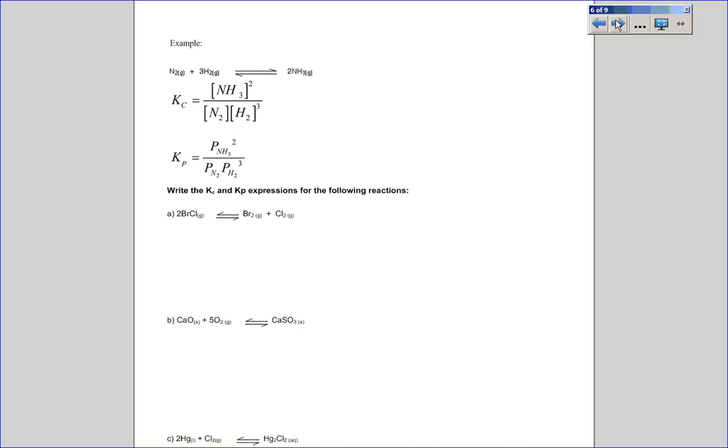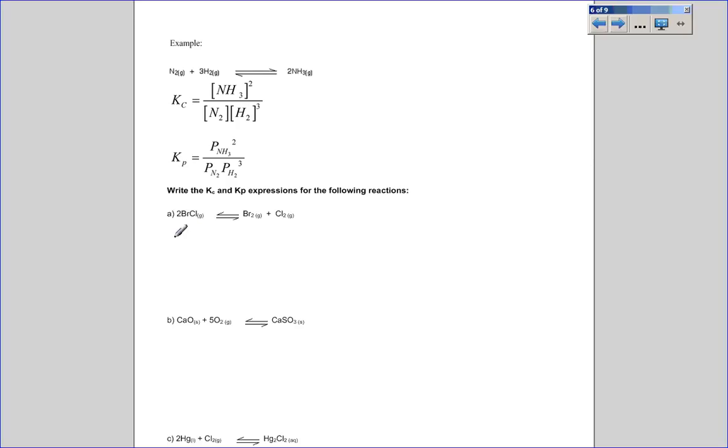The Kp expression for this is the partial pressure of NH3 squared divided by the partial pressure of N2 times the partial pressure of H2 cubed. So as you can see, the Kc and the Kp expression are written in the same format. The change is the concentration to the pressure.